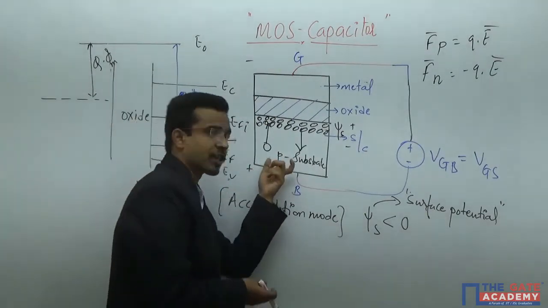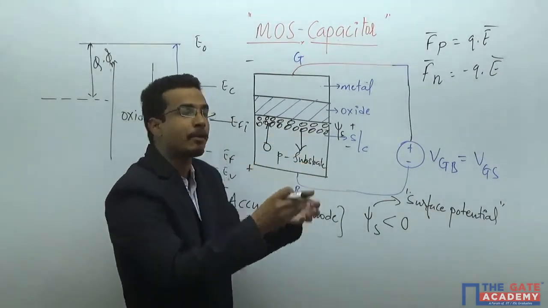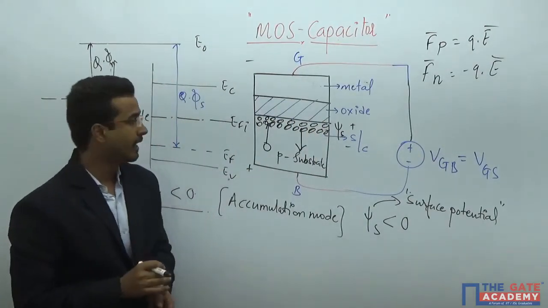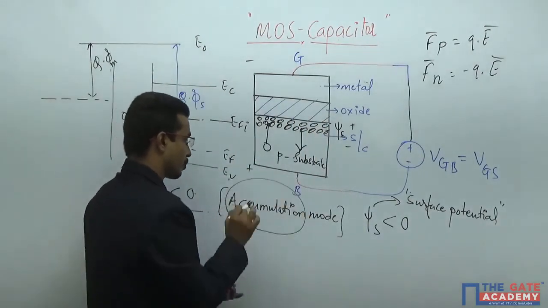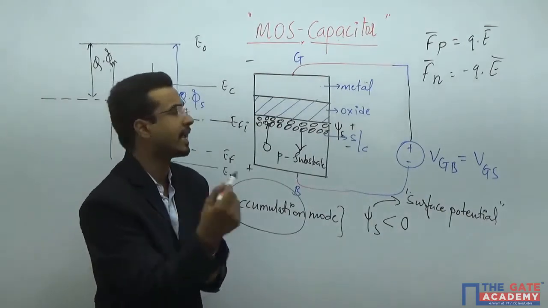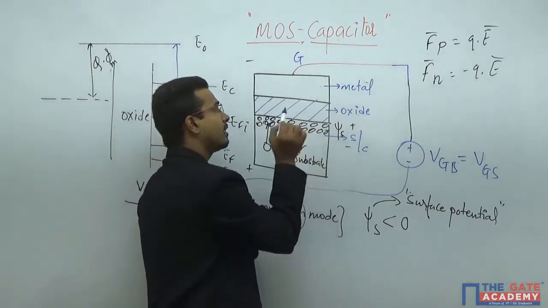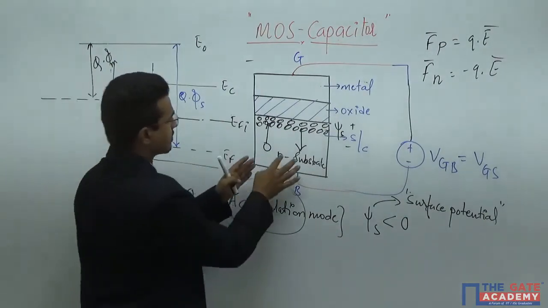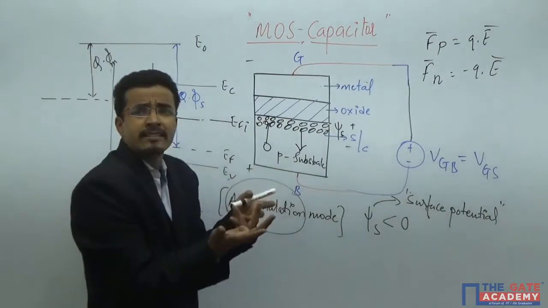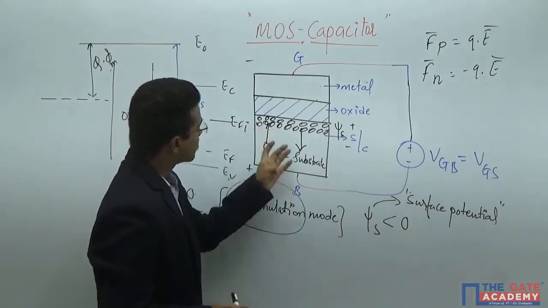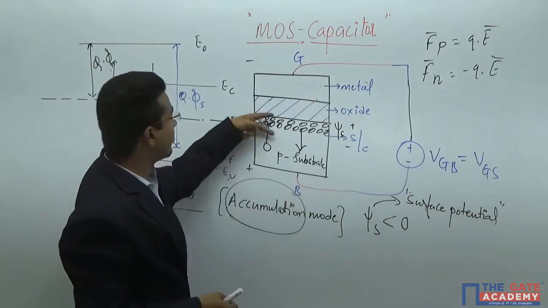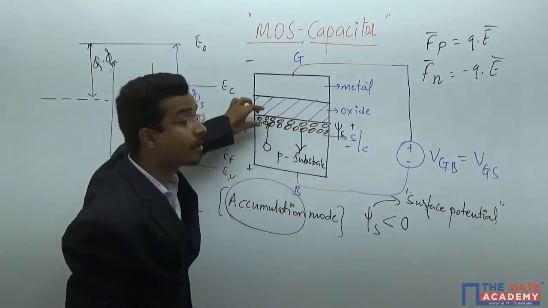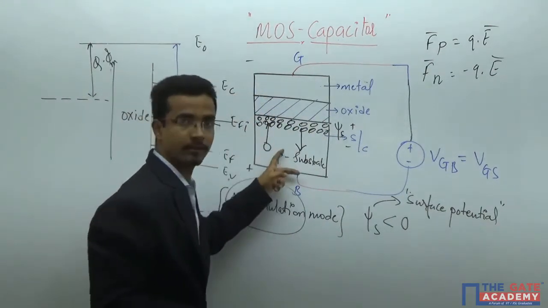It is a P-type substrate. You are increasing the same type of charge carriers near the surface. That is why it is known as the accumulation mode. In other words, you are making this region more P-type than the bulk.